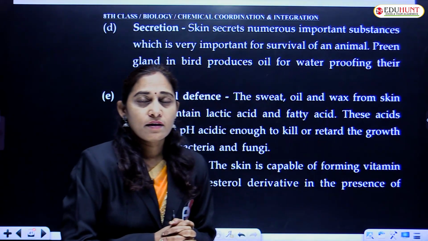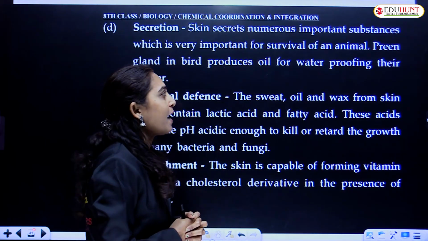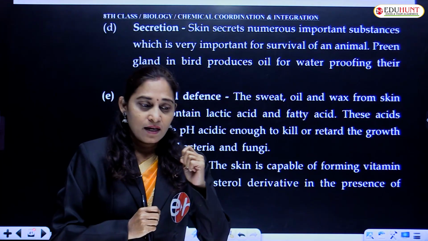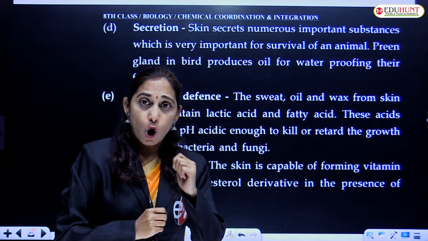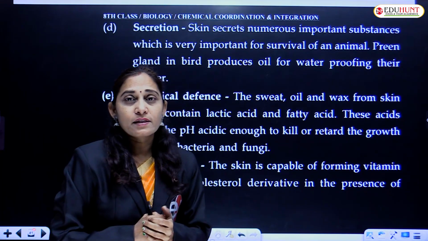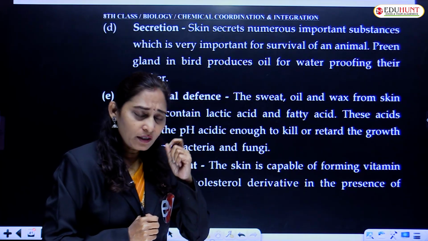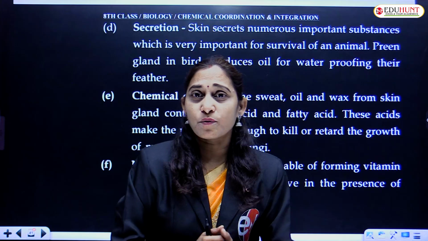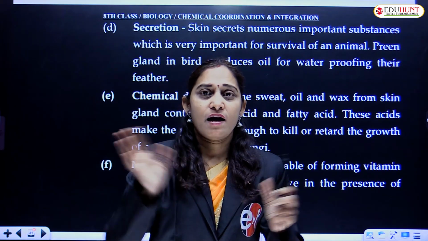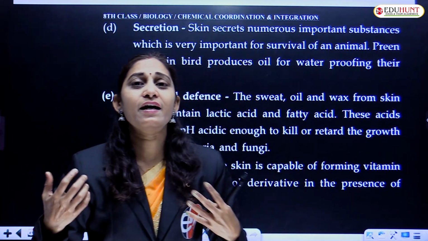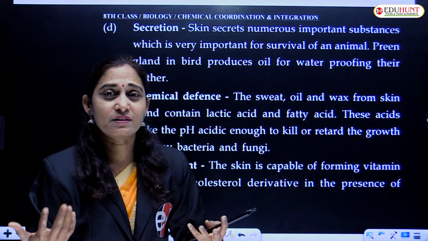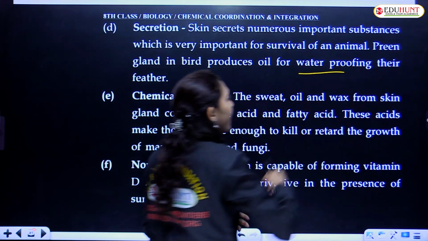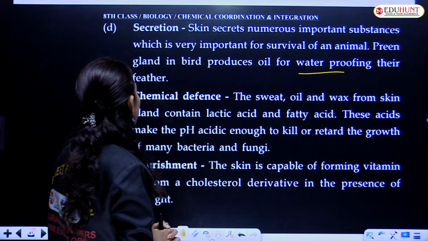They are important for the survival of the animals. For example, the preen gland present near the anus or the cloaca of birds keeps the body and feathers clean, and makes the feathers waterproof. That is why birds, even when they go into water, just shake it off. Feathers don't need to be dried like us, they don't wipe their body with a towel. That oil makes the feathers waterproof.